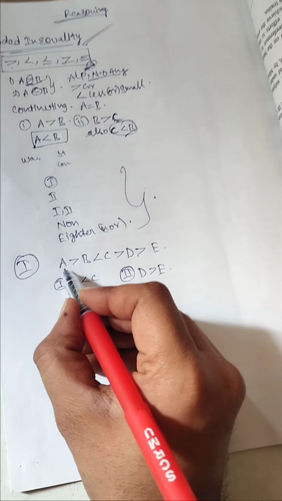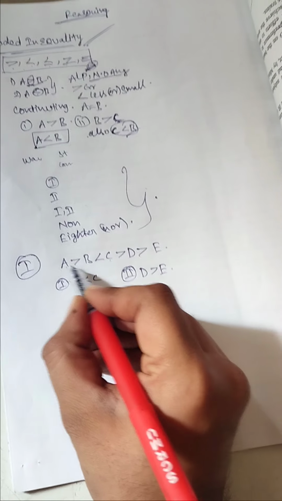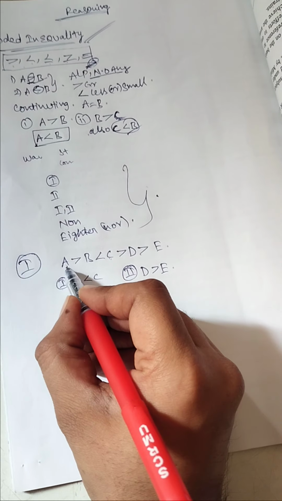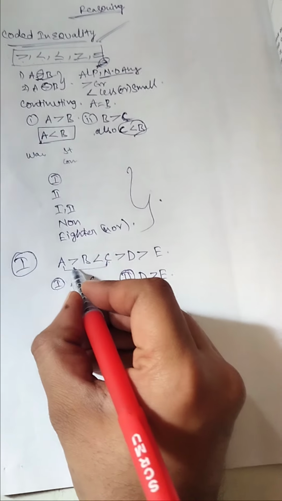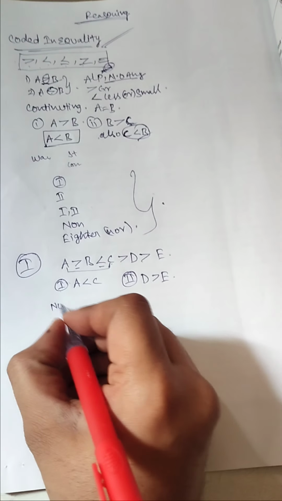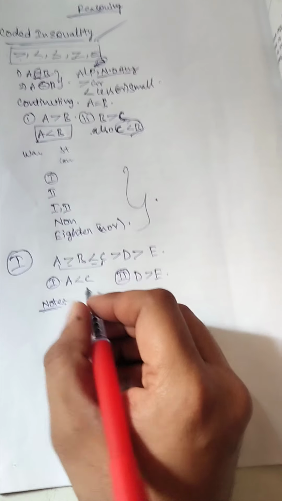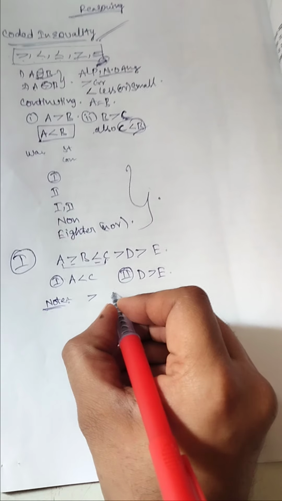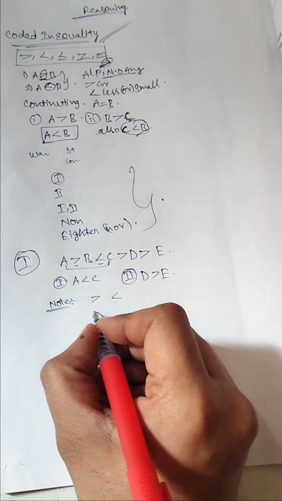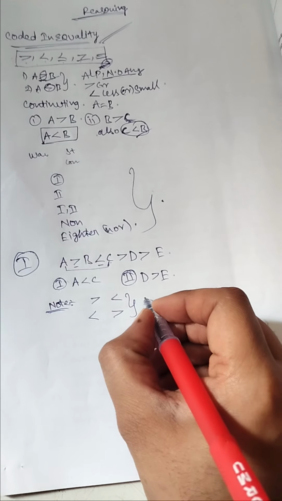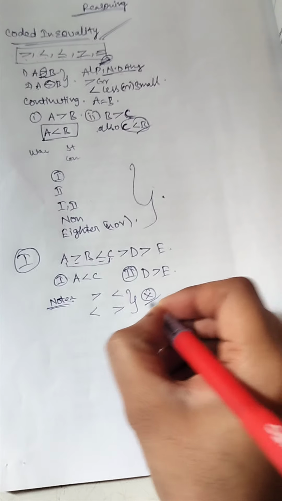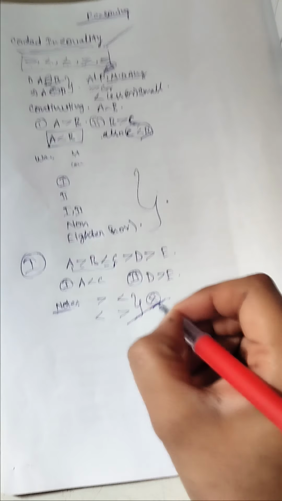See here a and here c, so we have to match the relationship, but here there must be two symbols. Remember that if there are opposite symbols, like greater than then less than, or less than then greater than, no relationship exists. Please remember this.